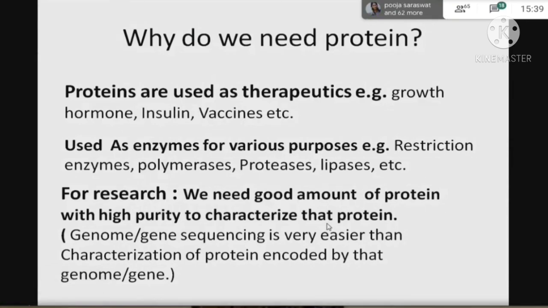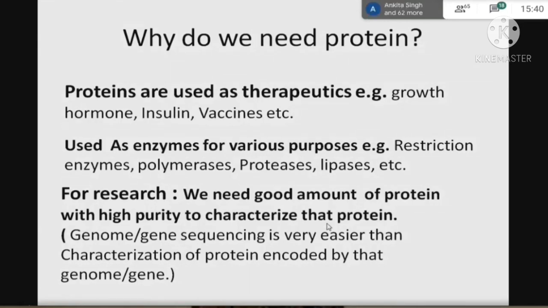There are several hurdles in production of protein. It may or may not get properly folded protein, or your gene may not get expressed inside the E. coli host. So there are several hurdles. We will discuss what the problems are and how scientists have solved them.